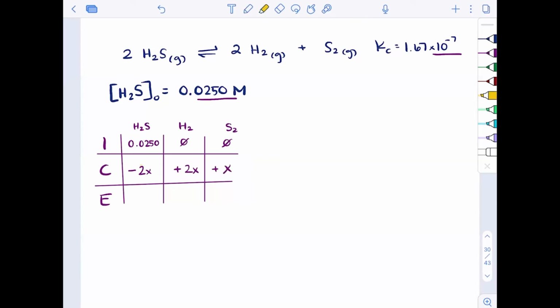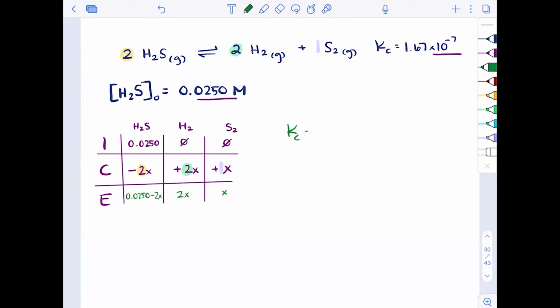Again, notice the coefficients of the balanced chemical equation. There's a 1 there, understanding the 1. So 0.0250 minus 2x, 2x, and x.